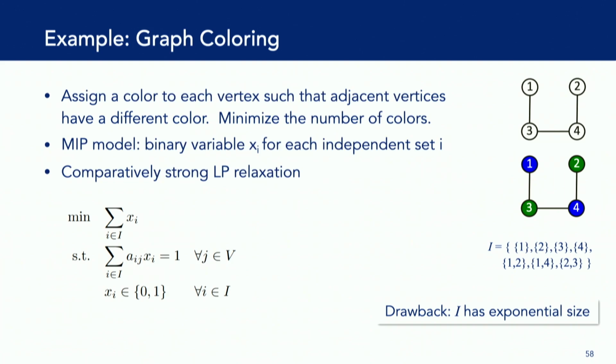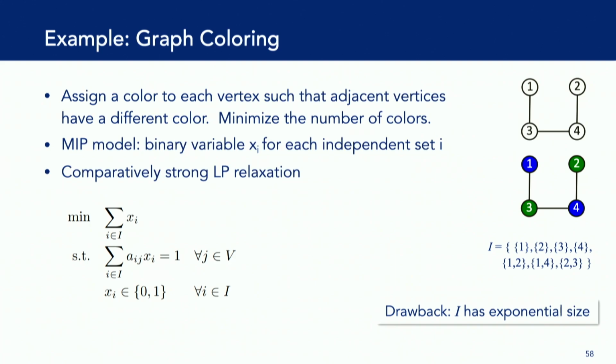We can enumerate all color classes, and a color class is actually an independent set. An independent set is a set of vertices that have no edges between them. And if they have no edges between them, they can all get the same color. And we can enumerate all of them. The set I there contains all the independent sets, all the color classes, and I just have to pick a subset of these that covers all my vertices, and a minimum subset, in the sense that I need a minimum number of them to find the best solution.